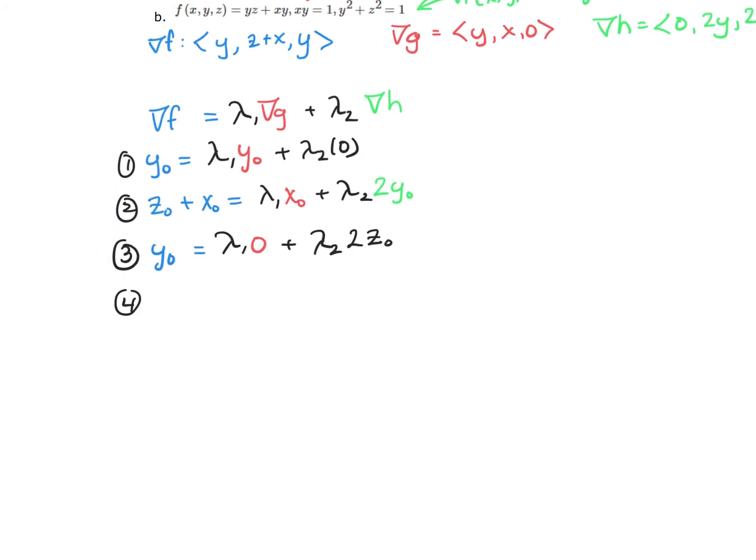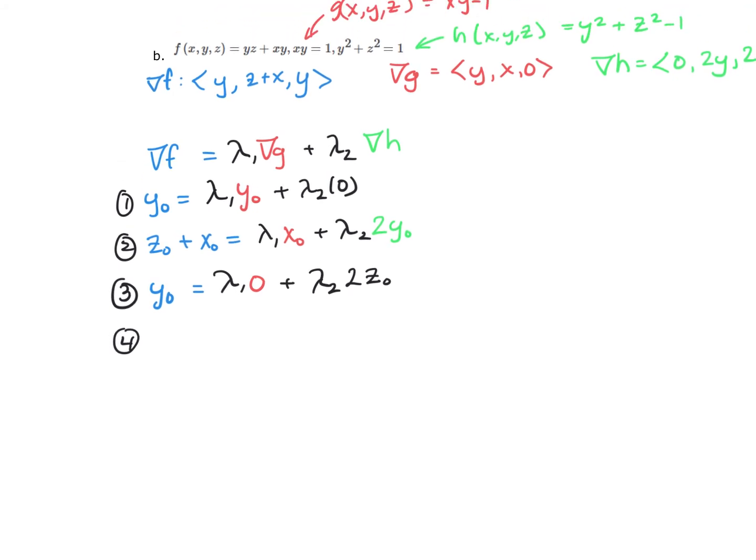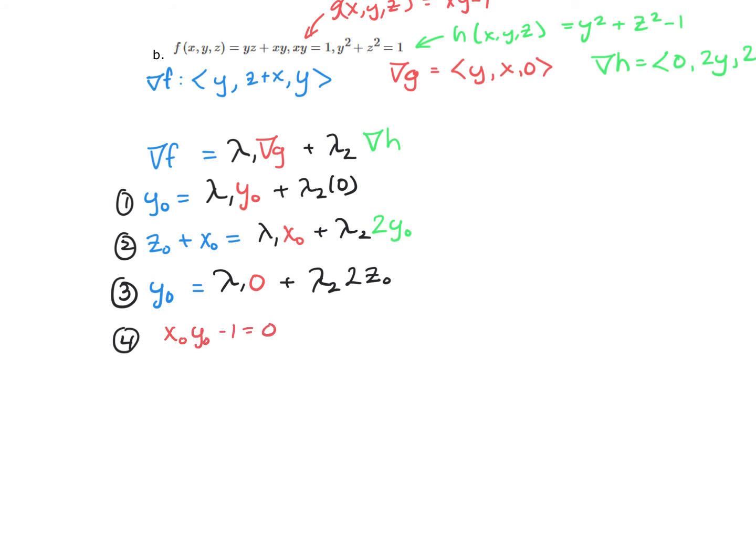My fourth equation is setting my g function equal to 0. And so I have my g function, which is x naught y naught minus 1 is equal to 0. My fifth equation is going to be setting my h function equal to 0.